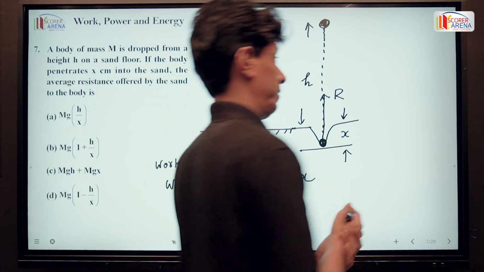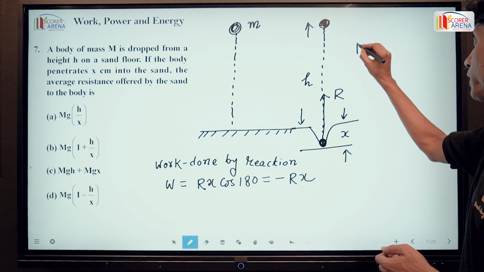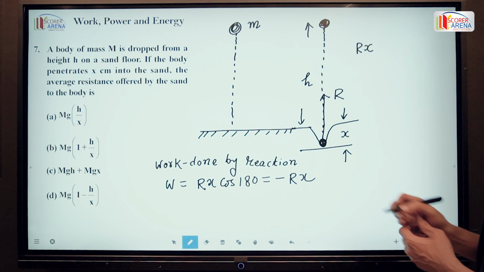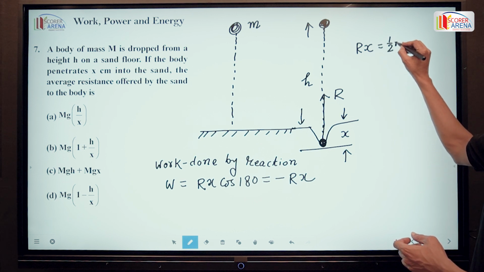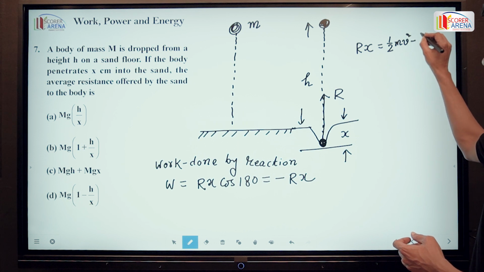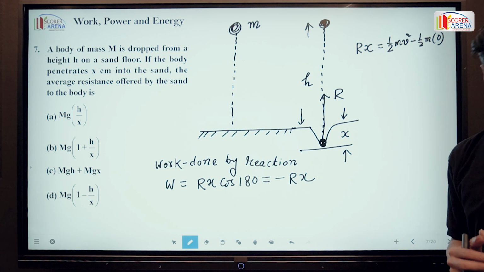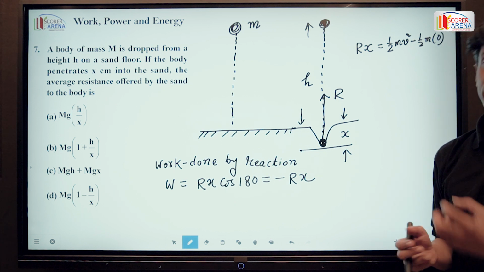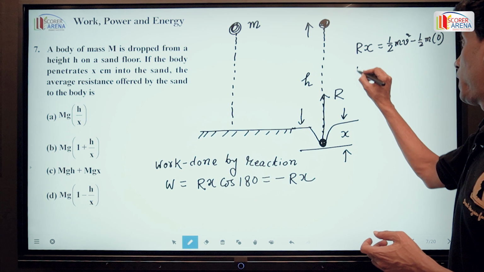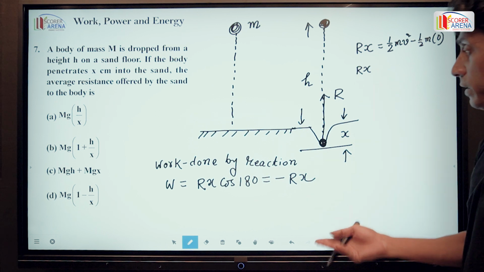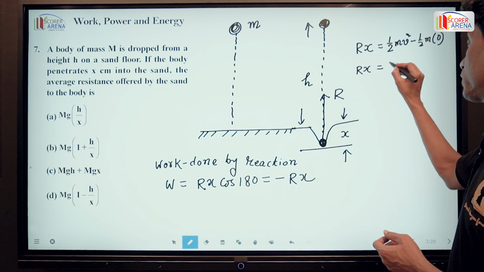So because of this work done, R into x, the kinetic energy of the particle finally becomes zero. You know, some work is done on the body, so we can get the change in kinetic energy. So here R into x, that is work done by the reaction provided by the ground on the body, will change the kinetic energy.